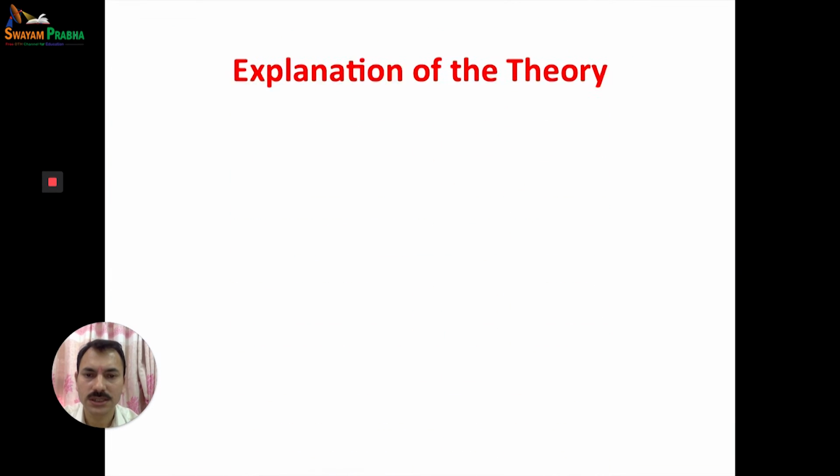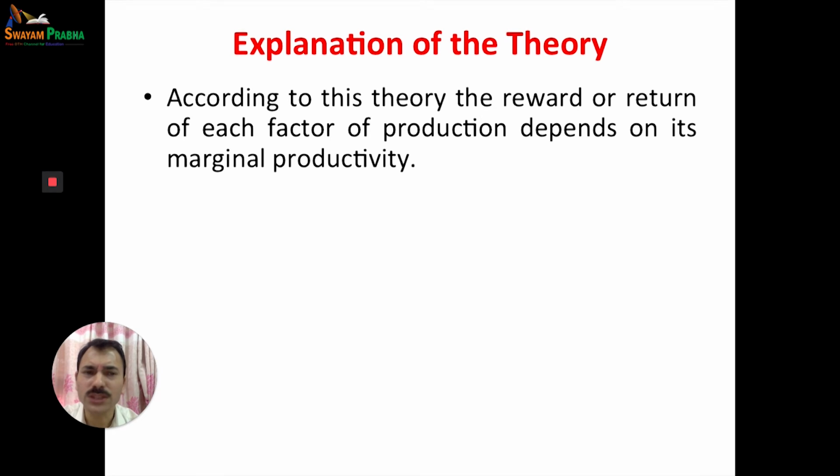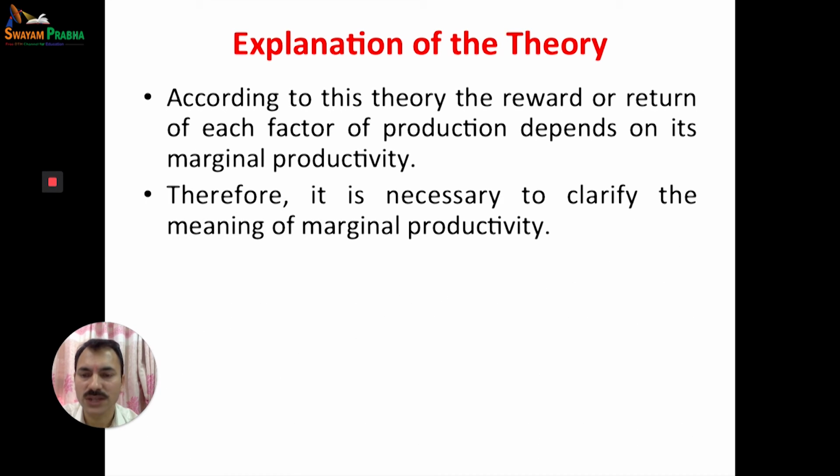So let us see, according to this theory, the reward of each factor of production depends upon its marginal productivity. This is very important. According to the marginal productivity theory, the reward or return of each factor of production depends on its marginal productivity. The more the marginal productivity, the higher the price paid, the higher the reward given. The lesser the marginal productivity, the lesser the reward given to the factor of production.